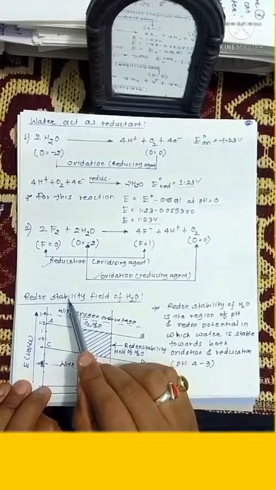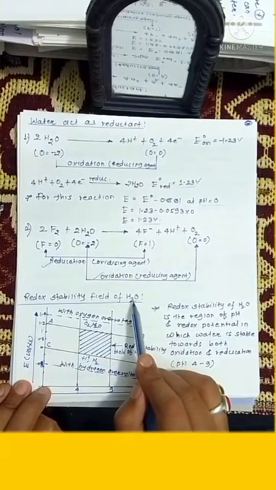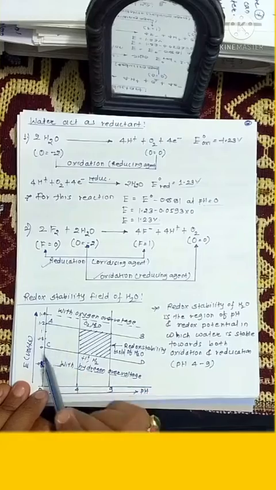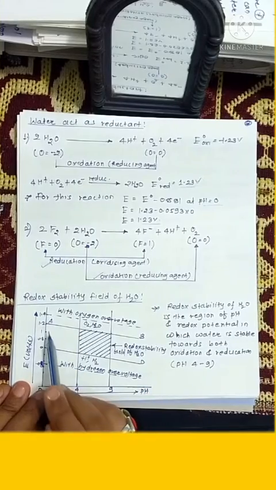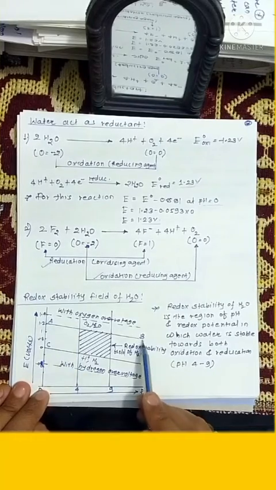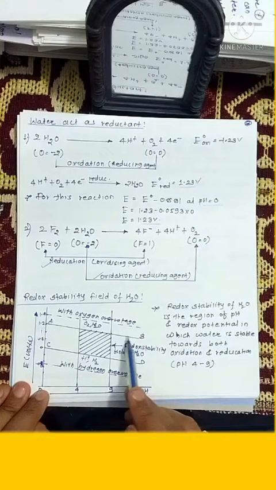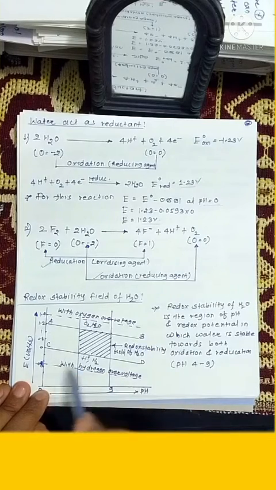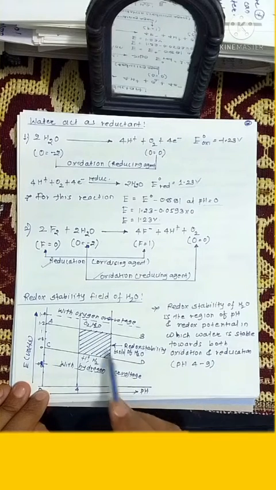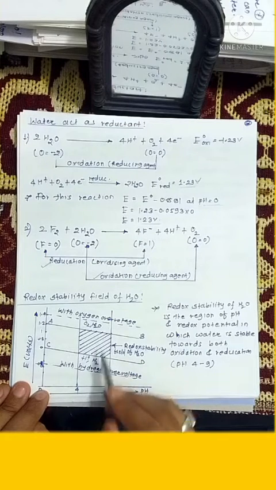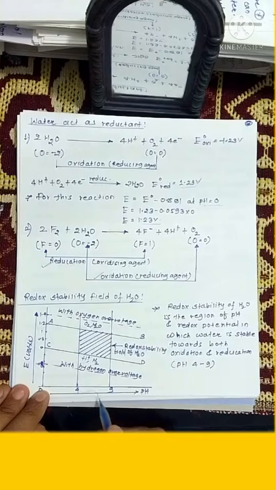Now we are going to see the redox stability field of water. Just see in this diagram, there are two lines. The first line is the upper line AB, the second line is the lower line CD, and this shaded region is the redox stability field of water. This field is roughly in between pH 4 to 9.